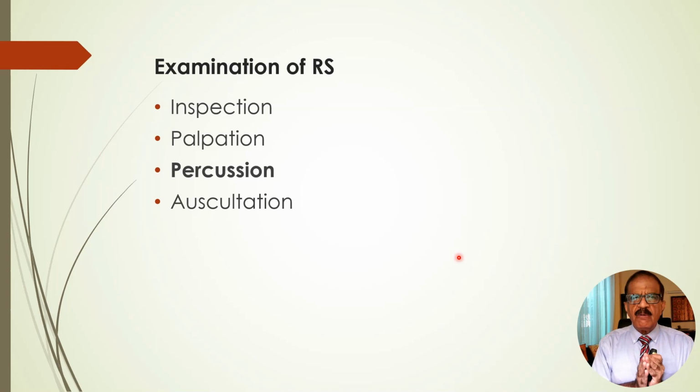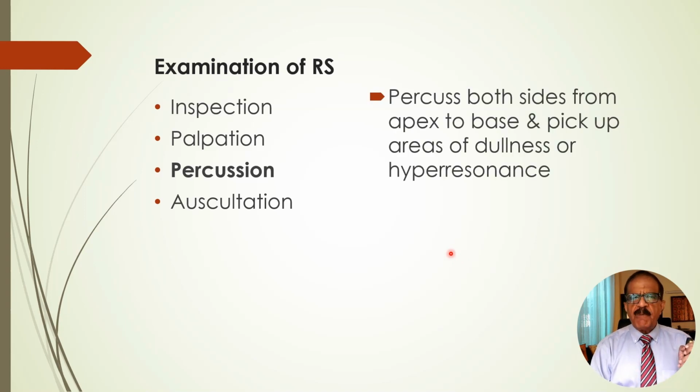Now please note down that it is usually not possible to make any final diagnosis on the basis of one single finding. Whenever we examine any system, including the respiratory tract, we have to examine the whole system, and then we add up all those physical findings, and then we come up with a diagnosis. So percuss both sides.